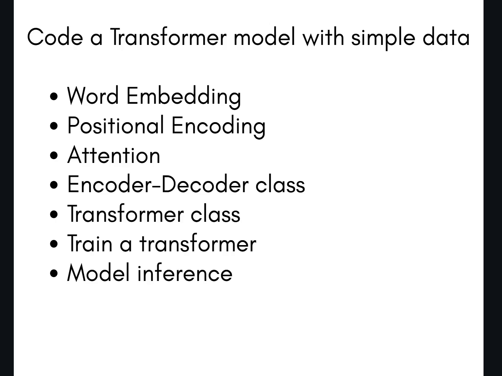Word embedding we did discuss in a lecture a few weeks ago. Positional encoding is what I'm going to talk about now. We also have the attention class discussed in the last few lectures. Encoder-decoder class we'll discuss in this lecture. Define the transformer class and the rest too, right? Okay.